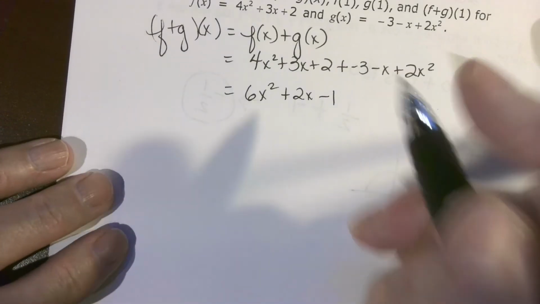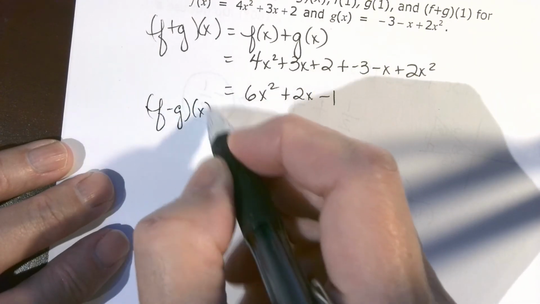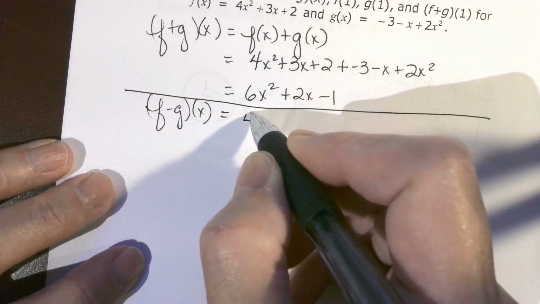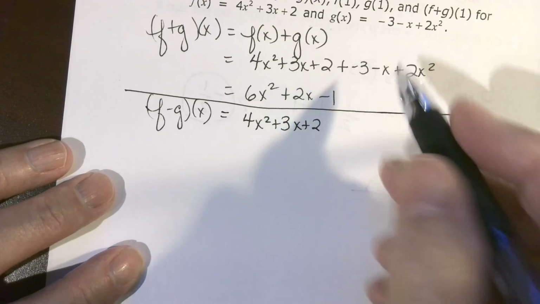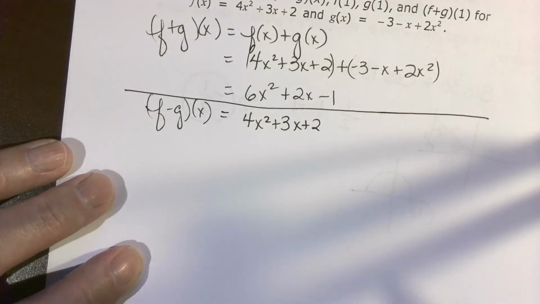Okay? Then it said find f minus g of x. Okay, so you're going to do the 4x squared plus 3x plus 2. Now, because this is minus, I didn't put these in parentheses because, you know, it didn't change order of operations.